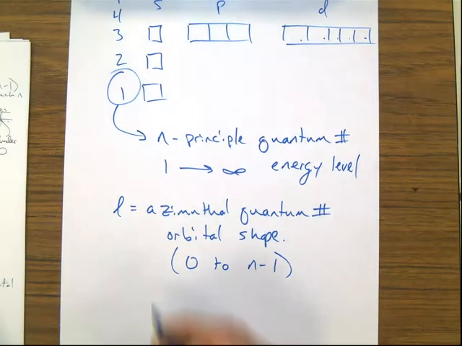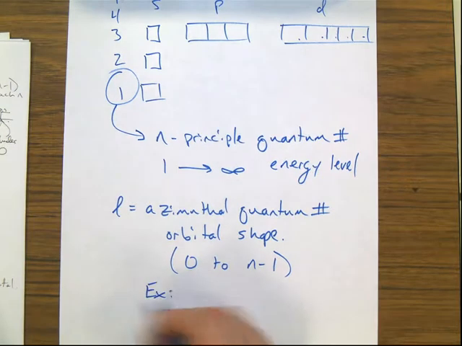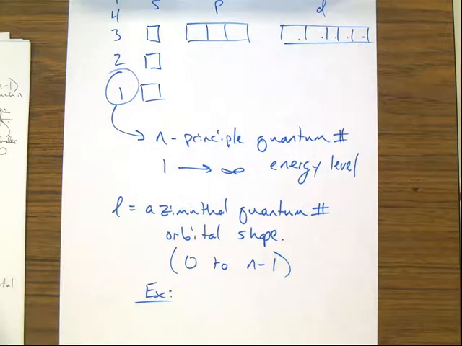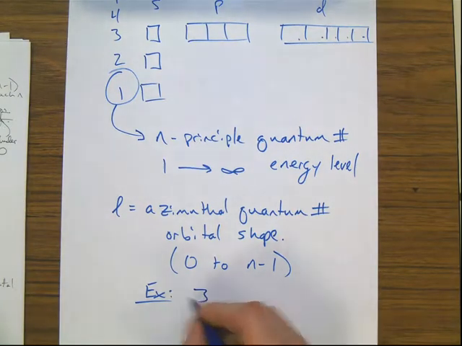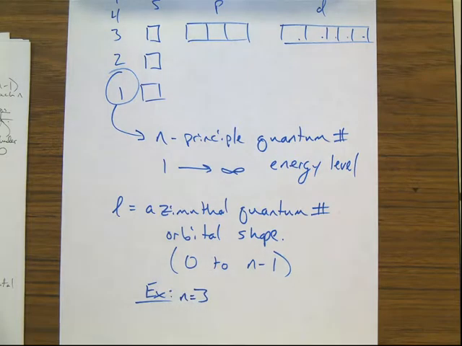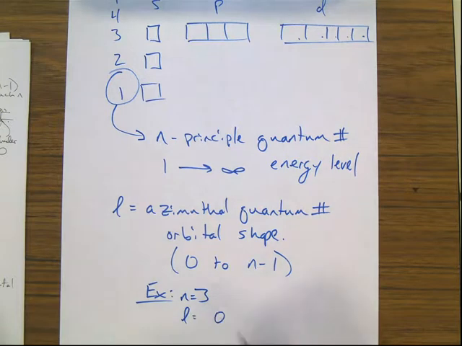I'm going to give you an example of how you figure out the azimuthal quantum number. Say you have an atom that has n equals 3. There are 3 energy levels, so L would have values of 0, 1, and 2, not 3. Remember, it goes from 0 all the way to n minus 1.